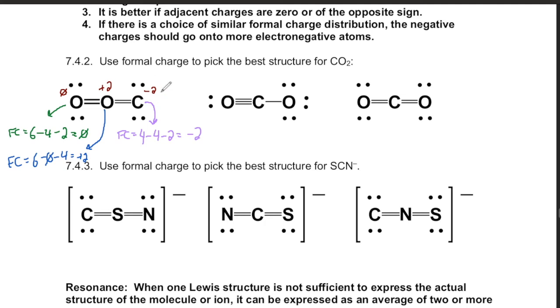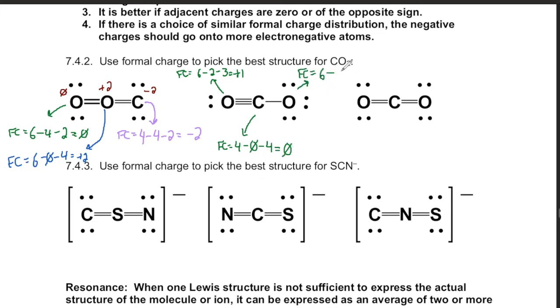We also have our negative formal charge on carbon, which is less electronegative than oxygen. Oxygen would prefer to be negative, so this is not too great. Let's take a look at this one. We have 6 valence electrons, 2 lone pairs, 3 bonds, so we have a +1. For this one, we have 4 valence electrons, 0 lone pairs, and 4 bonds, so we have 0.